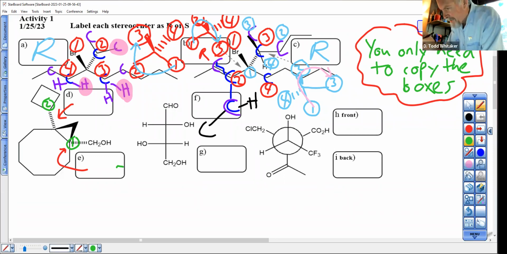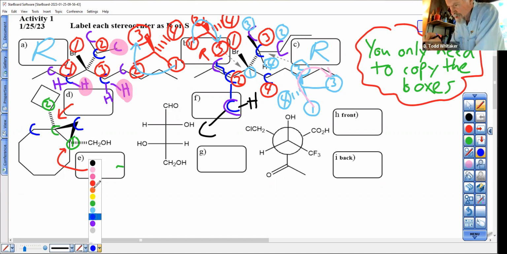In green, we're doing this stereo center. If I don't put that there, I'm going to forget what I'm talking about. So the CH2 is tied to a CH2. The C here goes to another C there. You got to go away from the stereo center. The C here goes to another C. So we're tied up here. 2 CH2s. We're tied down here with orange because they're still C and they're the same distance away.